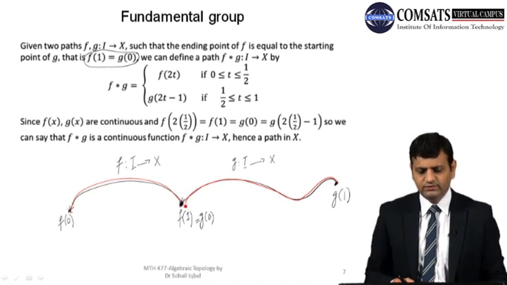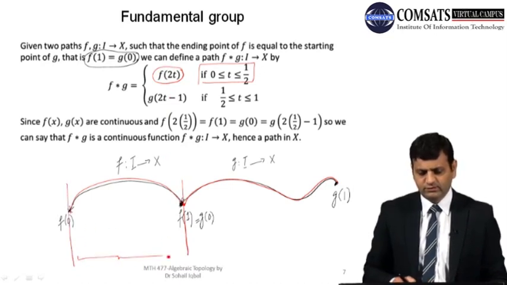And how to define this mathematically? We divide the interval I into two portions, so from 0 to 1/2. When t varies from 0 to 1/2, we have this function f(2t).